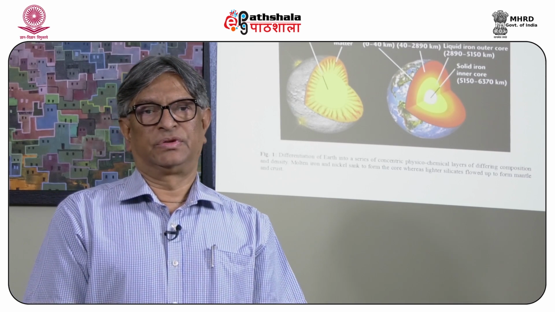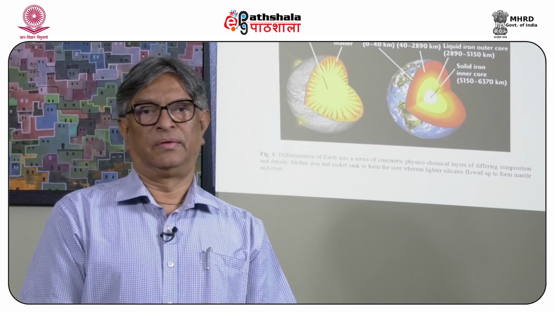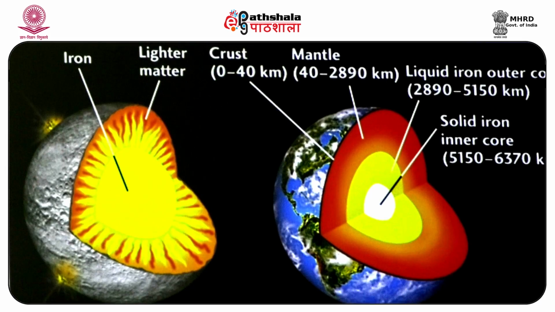So, to start with, I can show you the diagram which is shown here. As you can see in the diagram, the Earth is divided into different shells: the inner core or the solid core, then we have the outer core, which is a liquid core, then we have the mantle, and finally on the top of the surface is the crust.